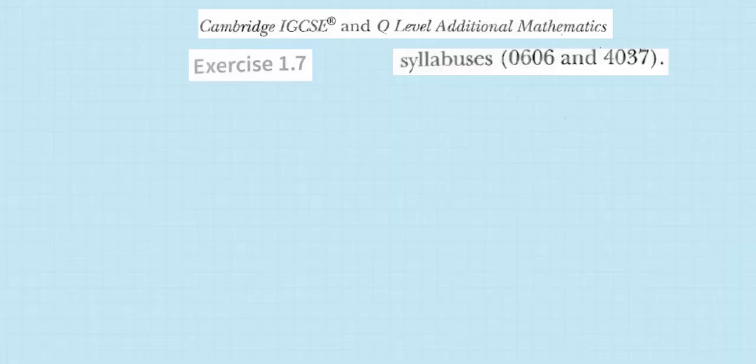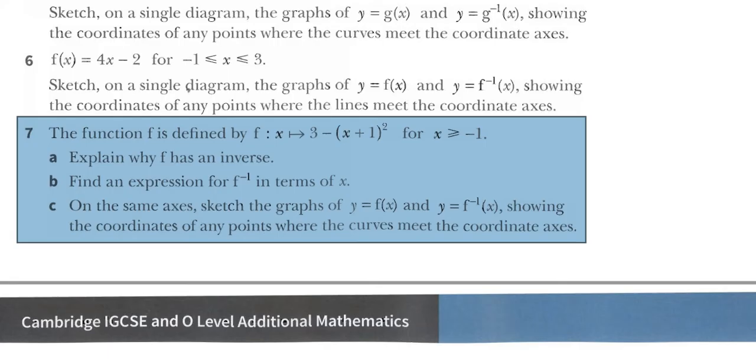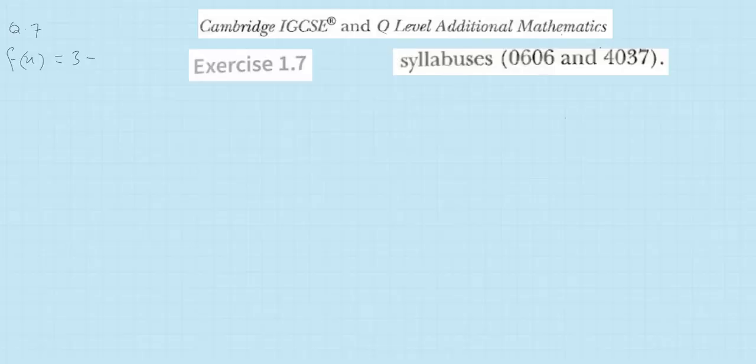f(x) = 3 − (x + 1)². This is the function, and the domain is given as x is greater than or equal to, sorry, −1, not −3, −1.